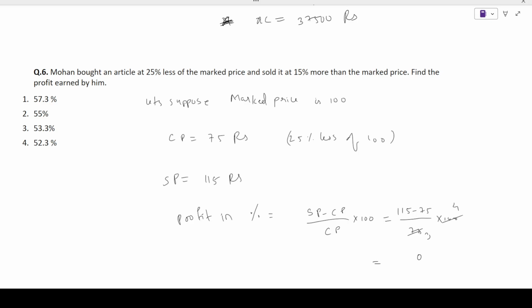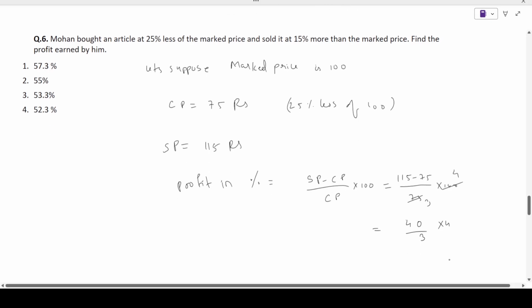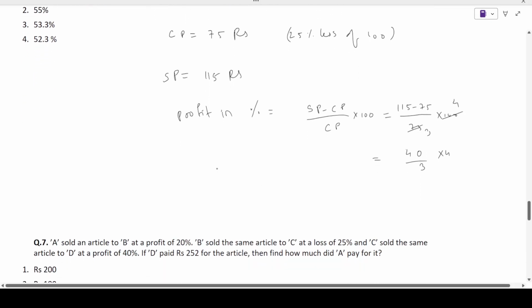So here we have 40 by 3 into 4, that is 160 by 3.